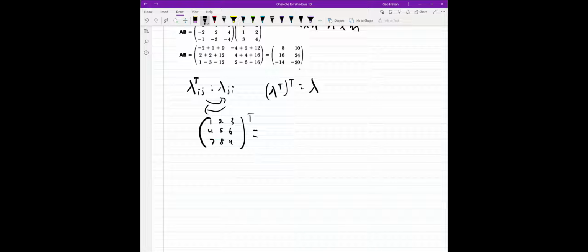Transposed, all the diagonals stay the same. I basically just swap across the diagonal, so 4, 2, 7, 3, 6, 8. And that's the transpose. You can verify that it matches this formula right here.